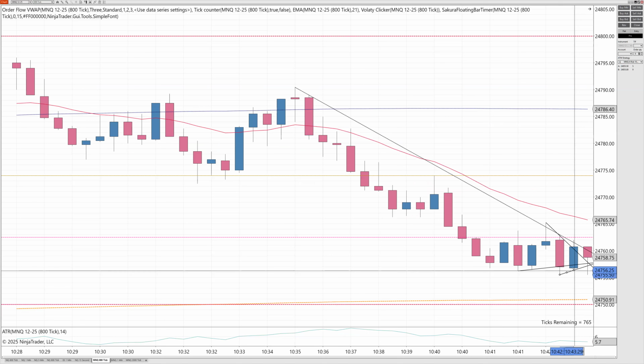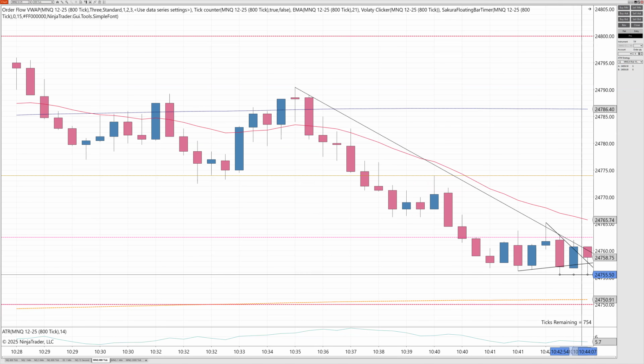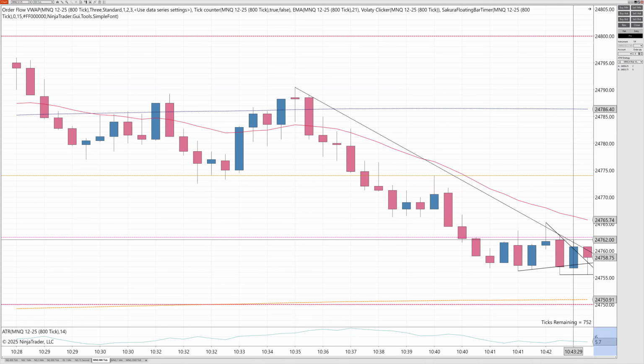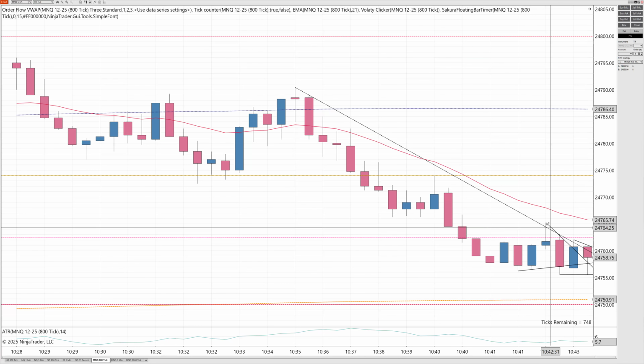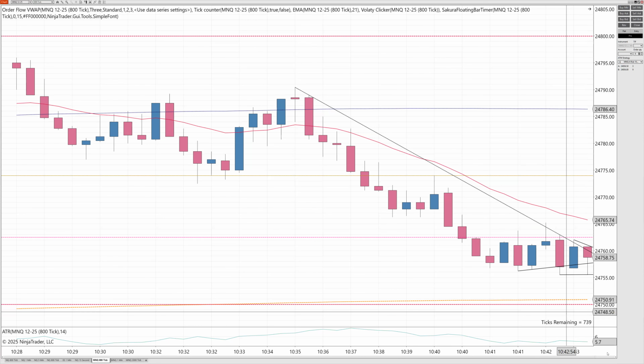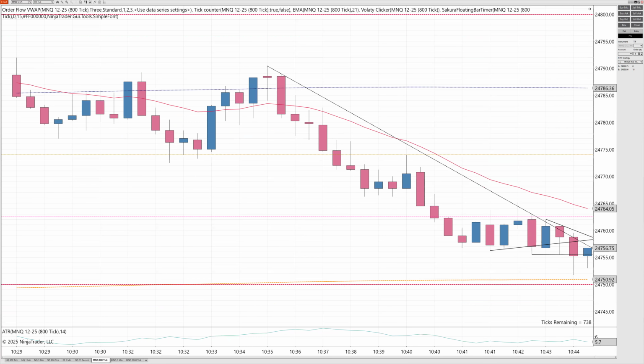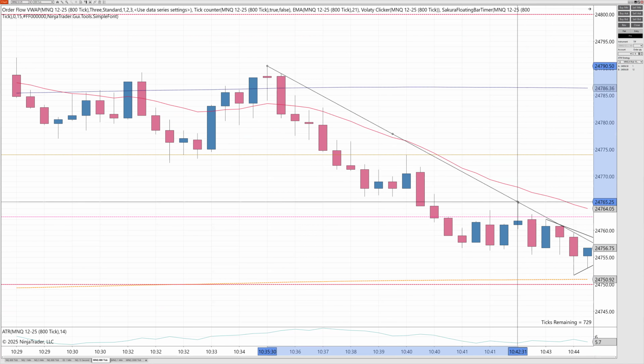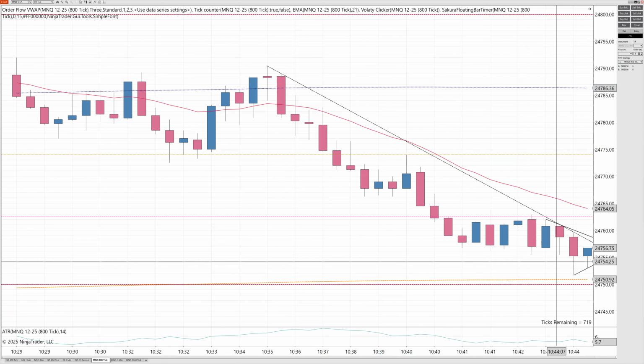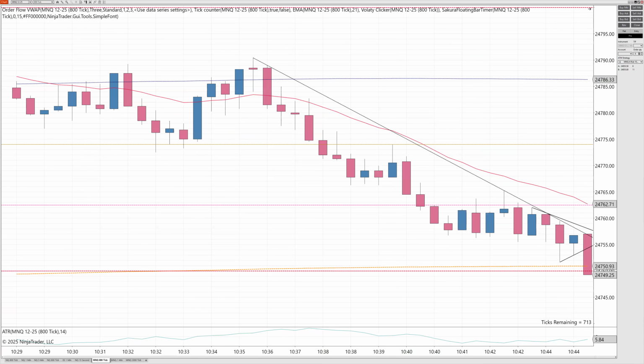Now we have a double bottom. And again, none of these constitute a real signal. Update this. But this candle is technically a signal.